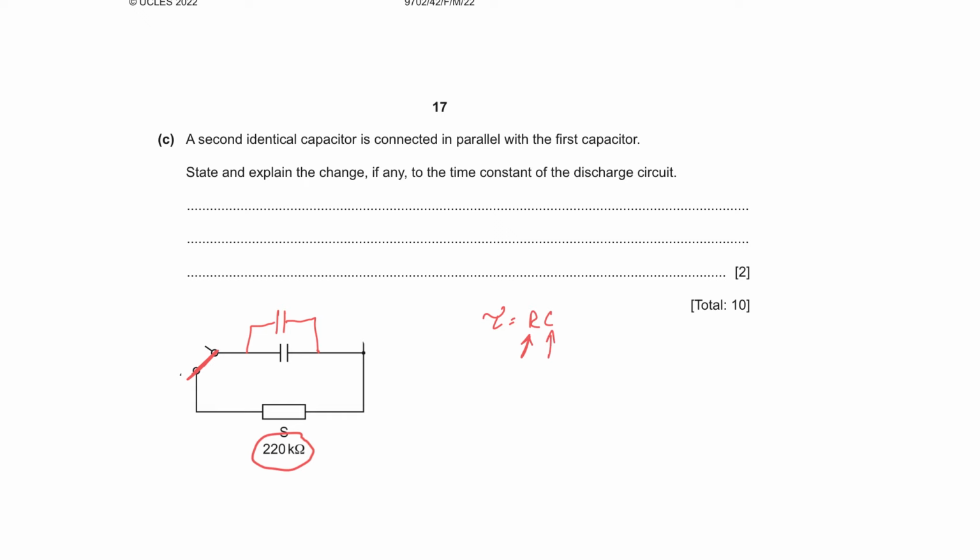When we have two capacitors in parallel, and because they're identical, the total capacitance doubles. We simply add the capacitance of each capacitor. And because the total capacitance doubles, the time constant also doubles.